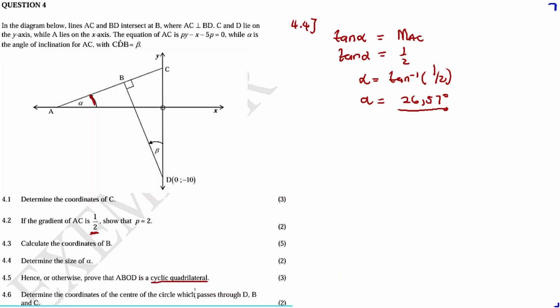Wow, this is an interesting one. So this is a bit of Euclidean, so just be careful. Sometimes they blend questions like this. This is a Euclidean geometry question inside analytical geometry.